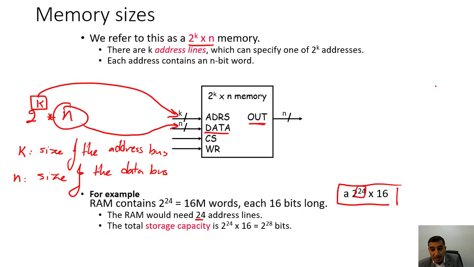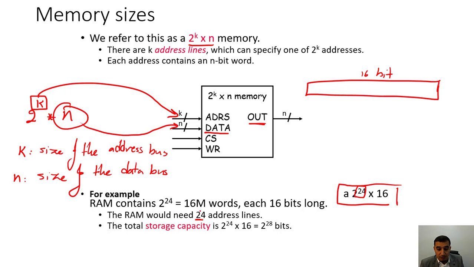Why? Because each line or location can hold 16 bits, and you have 2 to the power 24, which is 16 mega lines.